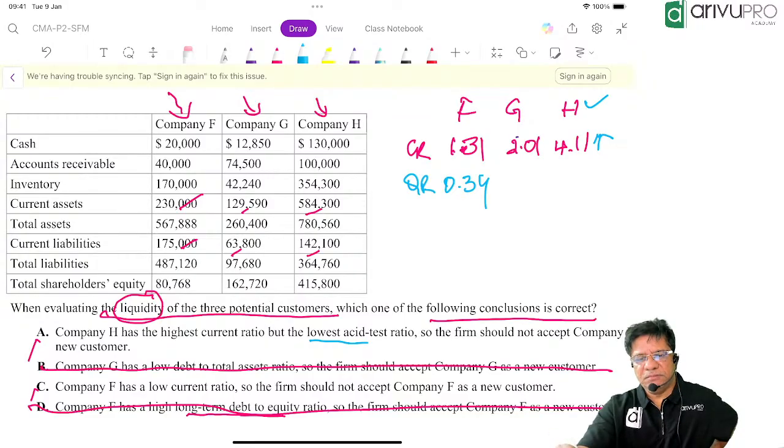Next, 12 plus 75, 87. 87 divided by 64 is 1.35. Next, 230 divided by 142.